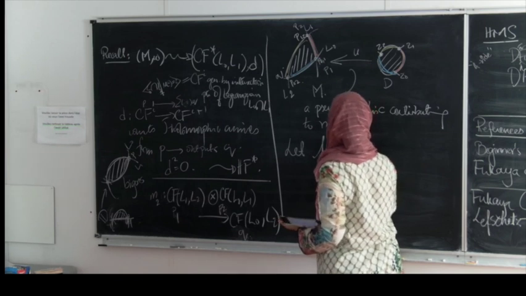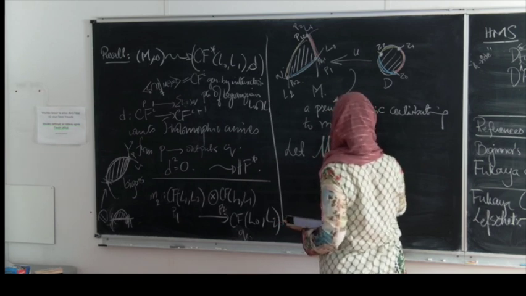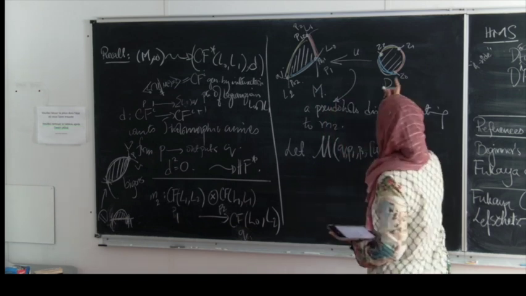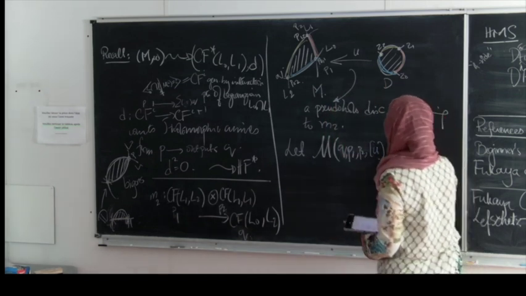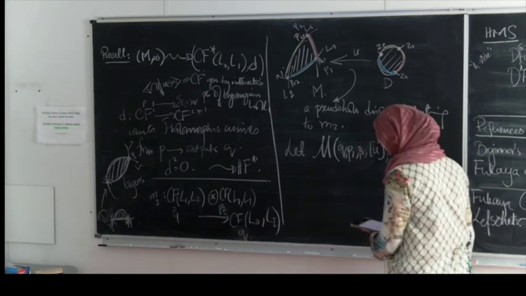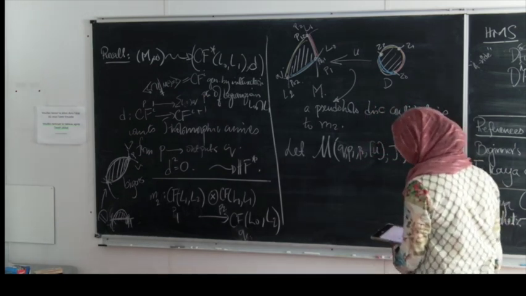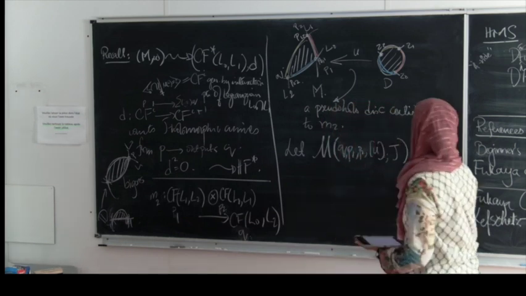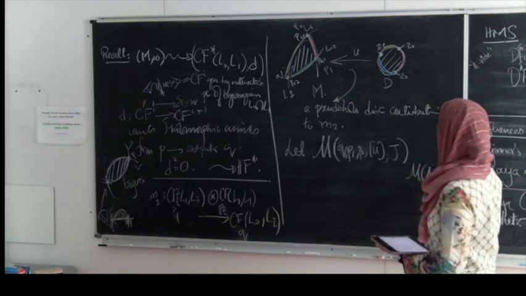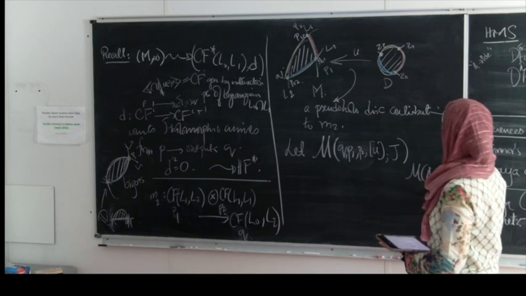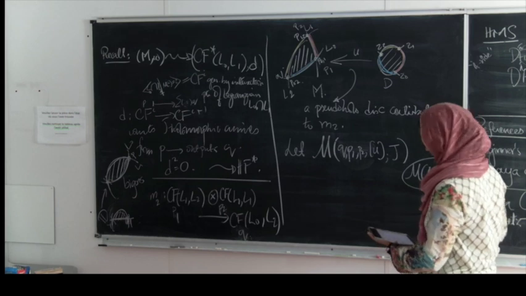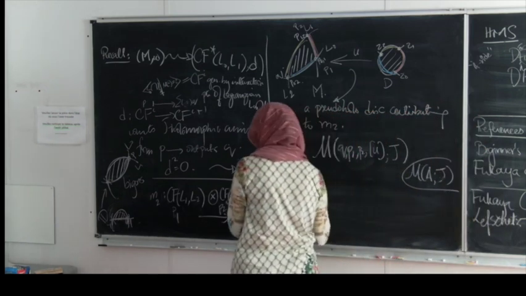Let's do that. So Q, P1, P2, and here you have the class of this disk and almost complex structure J. So the class was denoted by A, and the almost complex structure. So that's how we denoted it yesterday.